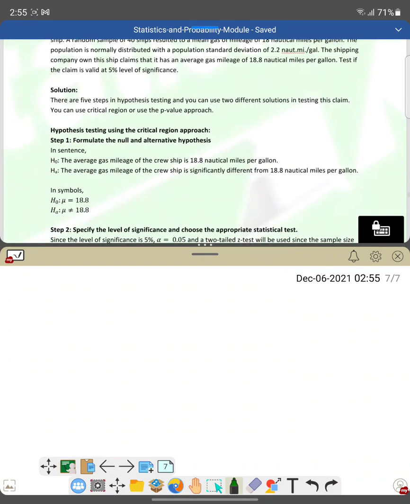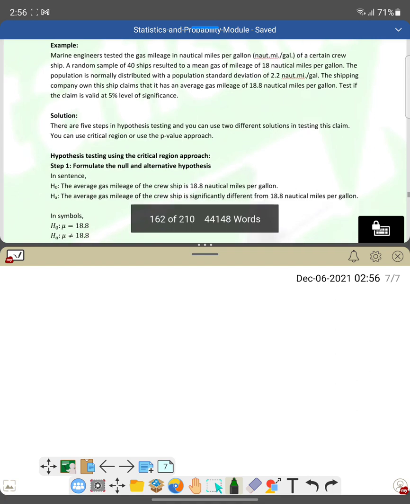For step 1, we need to first know the null hypothesis statement and the alternative hypothesis statement based on our situation.